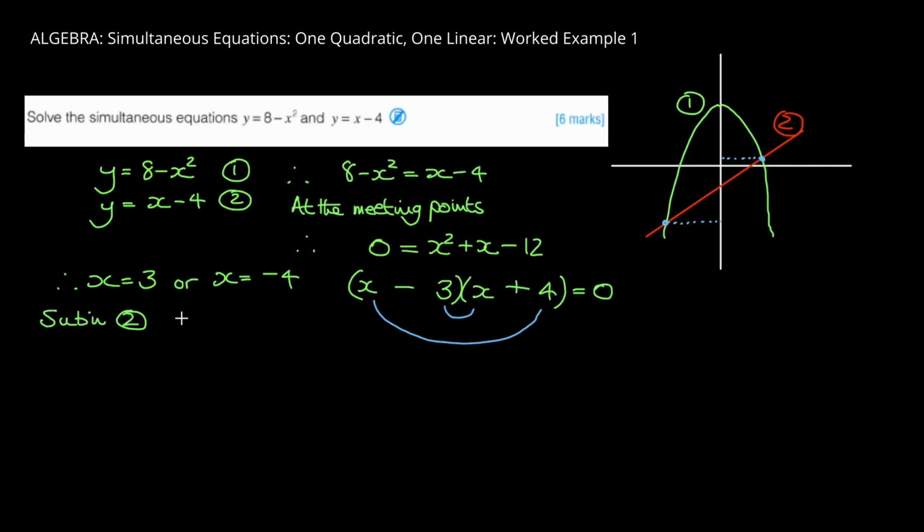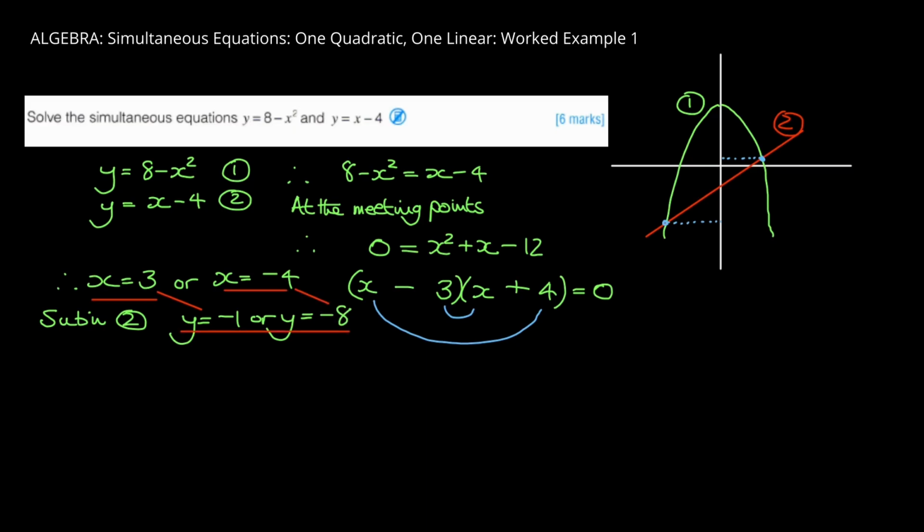And we get that. y is equal to, if x is 3, 3 minus 4, y is -1, and that means that those two pair up, or now using -4, y is equal to -8. And those should be your answers.